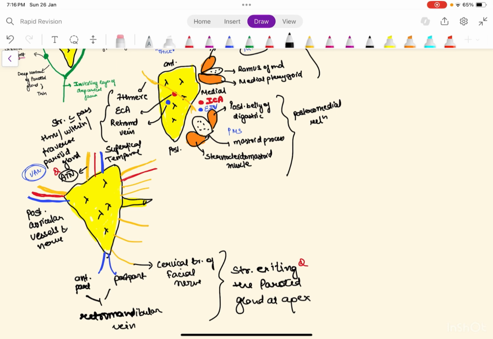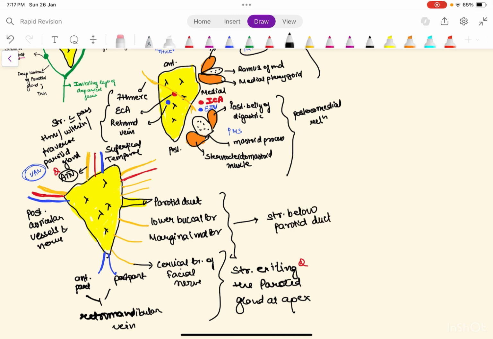Then above the parotid duct and below the parotid duct, this is our parotid duct. So below we have lower buccal branch, then we have marginal mandibular branch and cervical branch. So these are the structures below parotid duct.